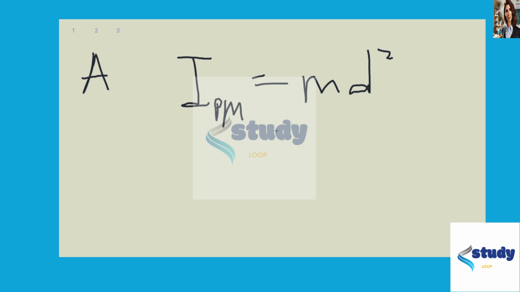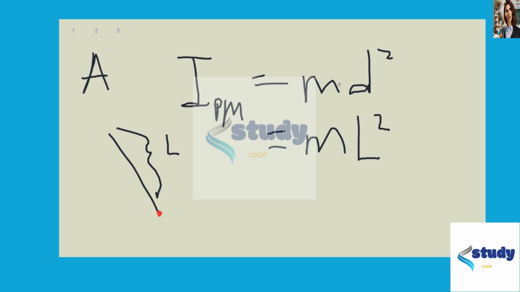In this case, we're really talking about L, the length of the rod. d is the distance from the point to the axis of rotation, and we can just look at our diagram and see that this length is L as given in the problem. So this is our moment of inertia.